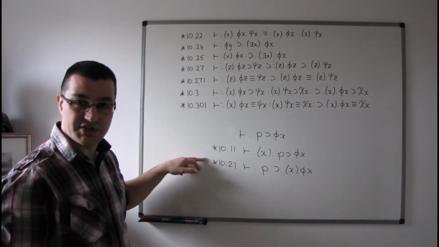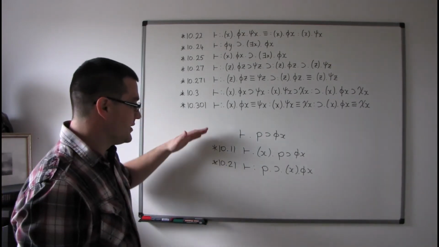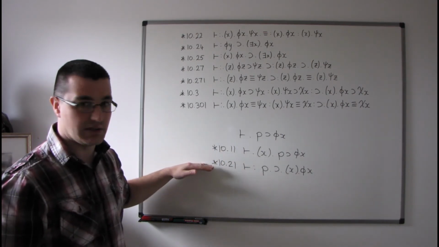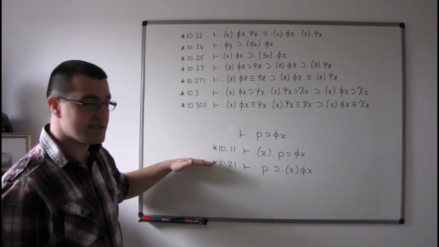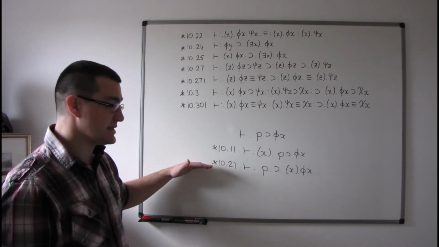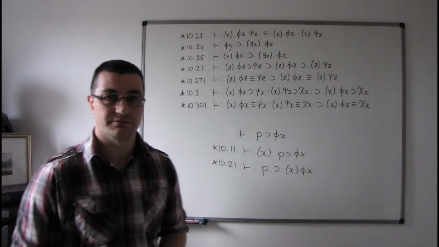The specific propositions that I use will be slightly different, but the idea will go along the same kind of lines. So this is a very common sequence of propositions that's used in demonstrations in section 10 and onwards.